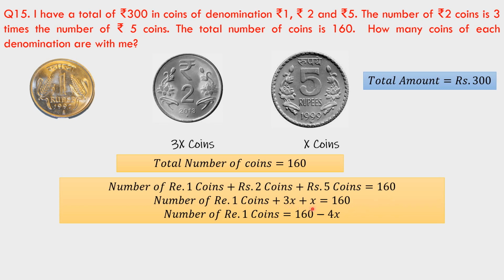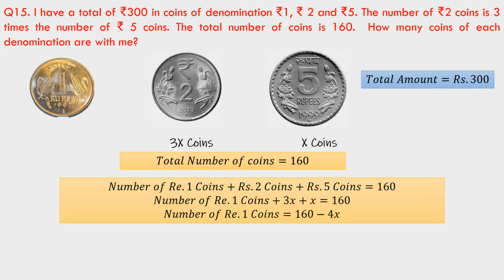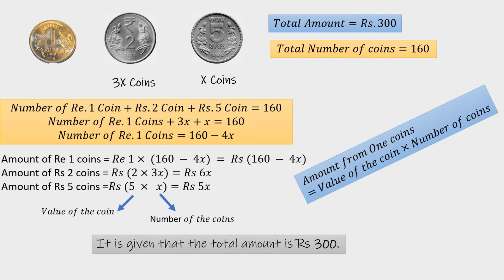Putting 3x and x for the number of rupees 2 coins and 5 coins, we get the number of rupee 1 coins as 160 minus 4x. So, the amount from rupee 1 coins will be rupee 1 into the number of coins, that is 160 minus 4x, equal to rupees 160 minus 4x.